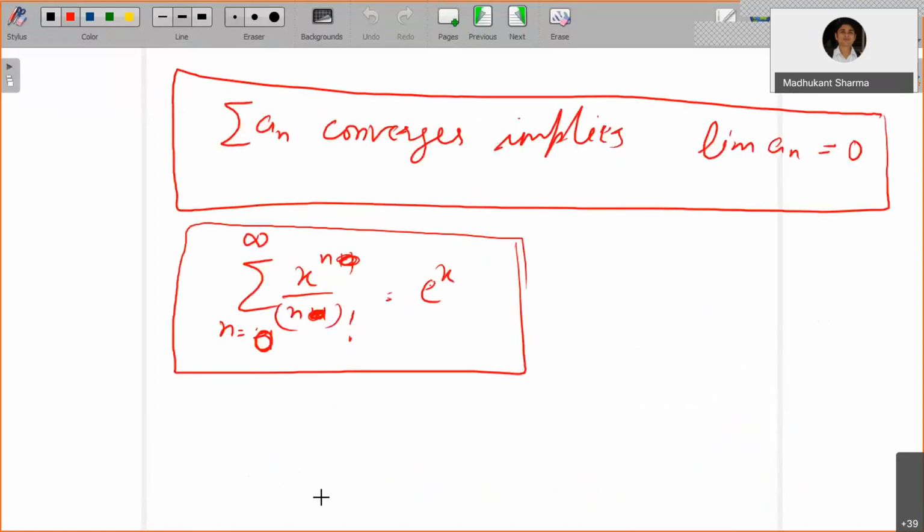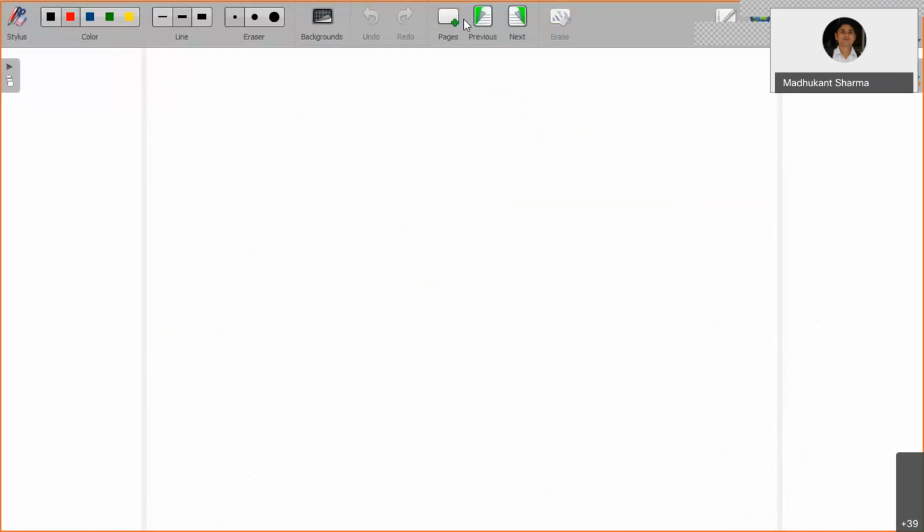So what next we can do is derive the so-called Euler's method. So I have this heading, Euler's method.